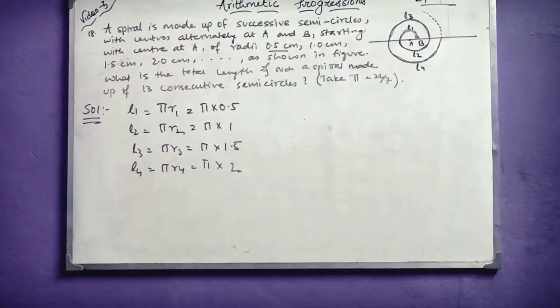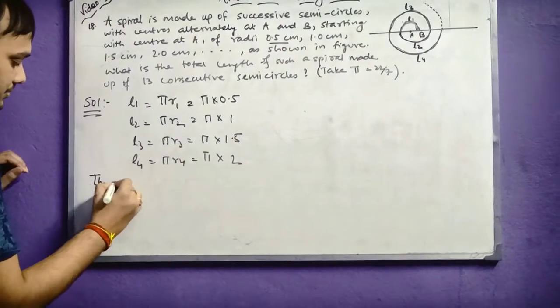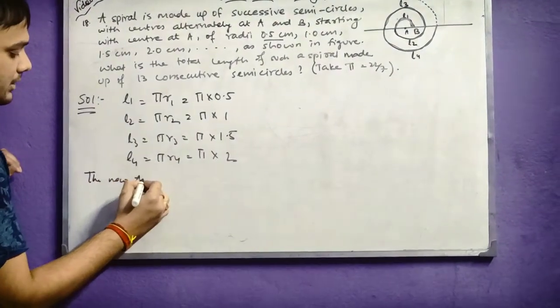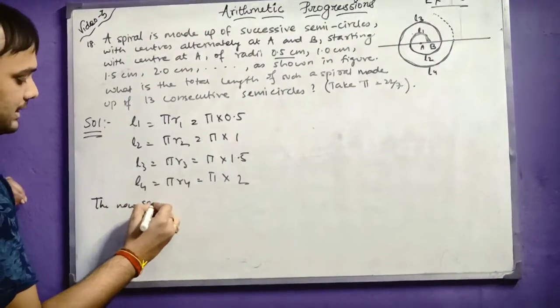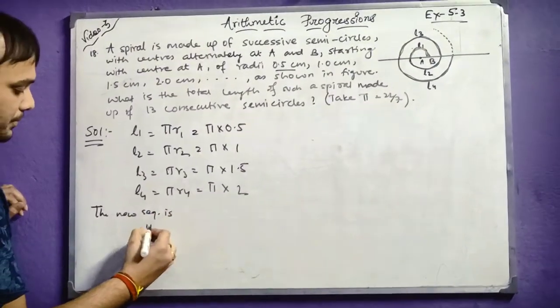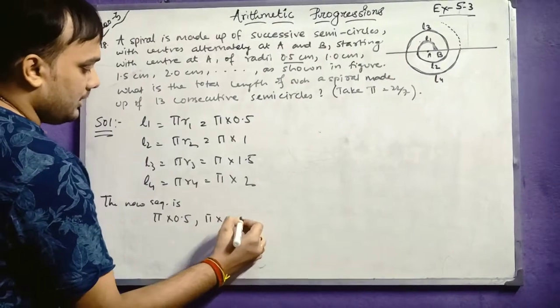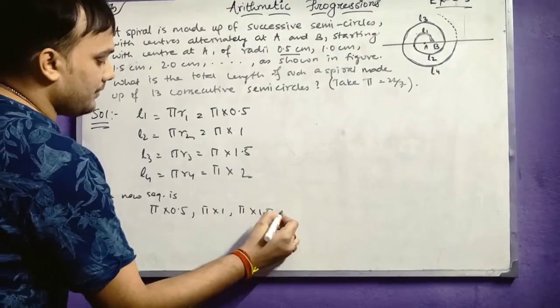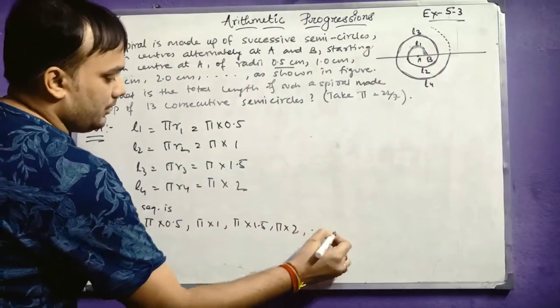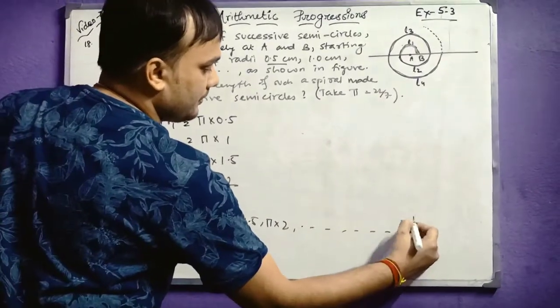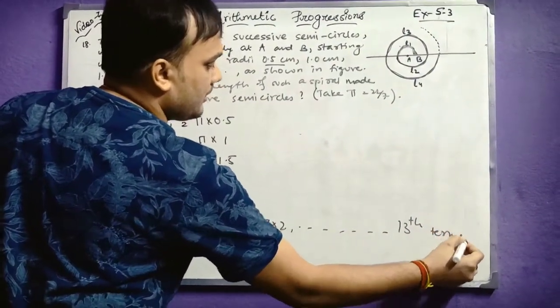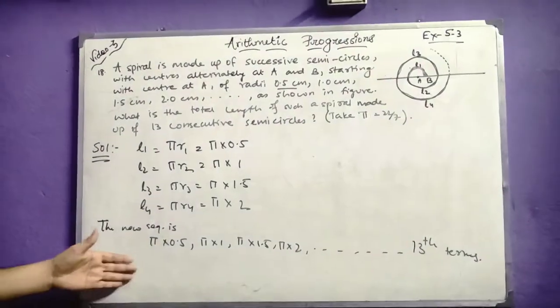That means the new sequence is pi into 0.5, pi into 1, pi into 1.5, pi into 2, dot dot dot up to 13 terms. So this is the new sequence.